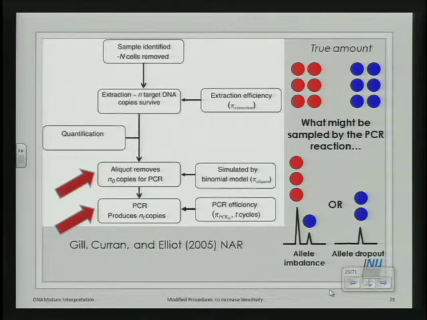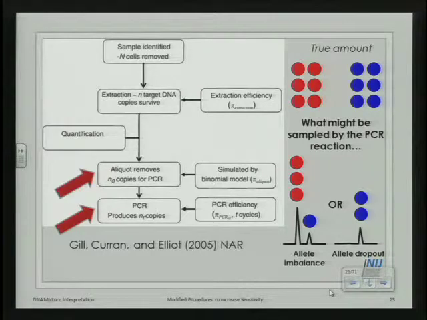Moving back to this Peter Gill paper. Once you've gone through extraction, the next step is to take out a sample from your extract to go on to PCR. So you are removing X number of templates out of your tube. This can be simulated by using a binomial model.